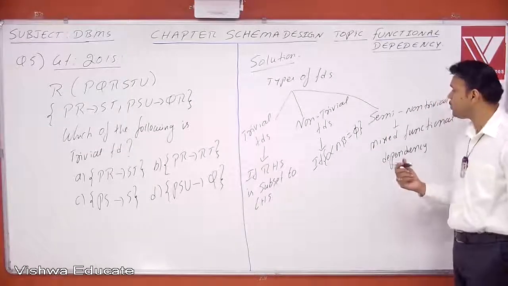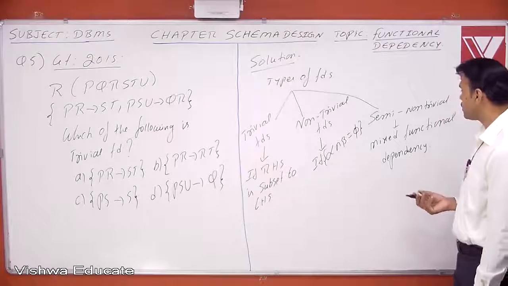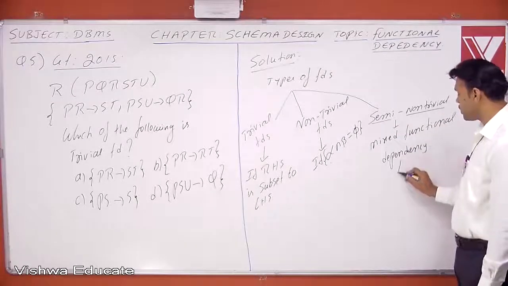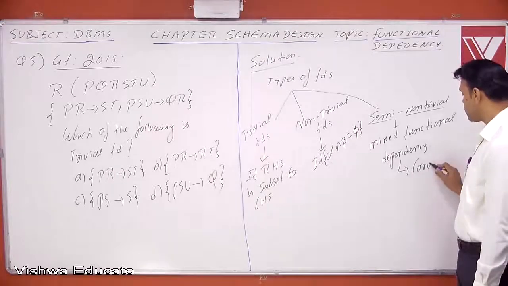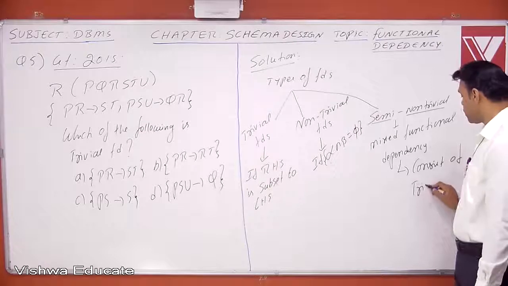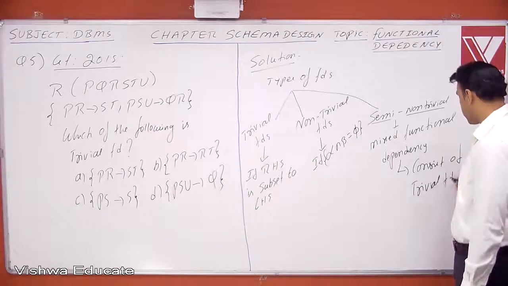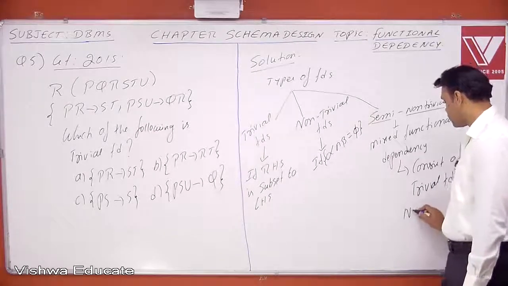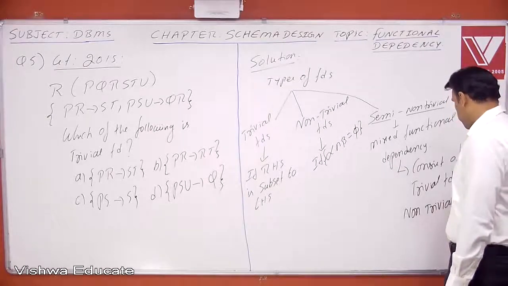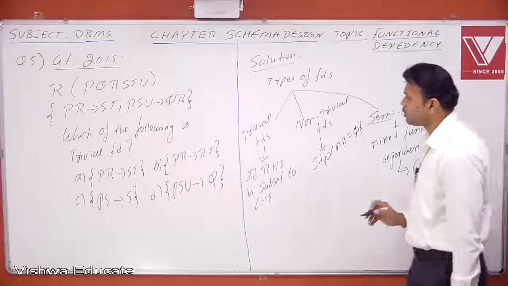So what is the meaning of semi-non-trivial functional dependency? A semi-non-trivial functional dependency consists of trivial FD plus non-trivial FD. Okay.